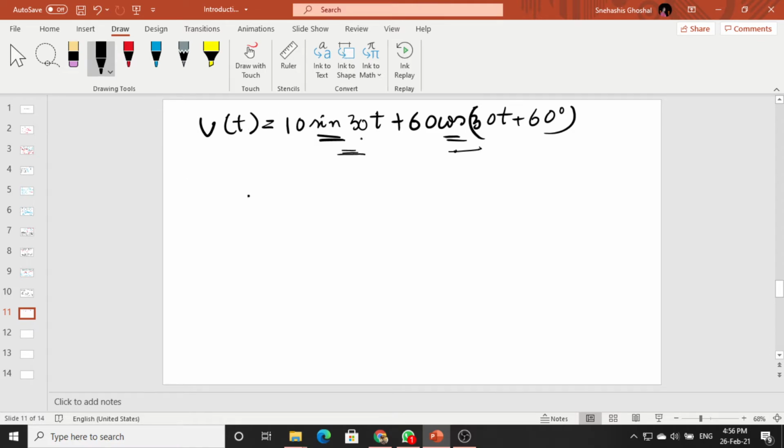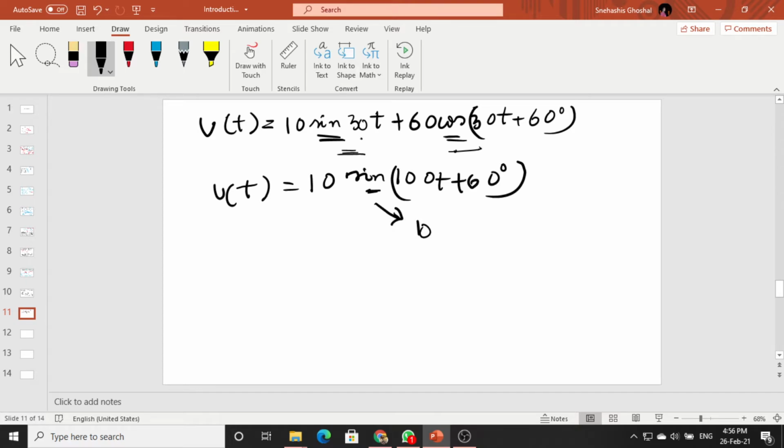But if V(t) equal to 10 sin 100t plus 60 degree is given, then you have to take sin 100t as your reference.